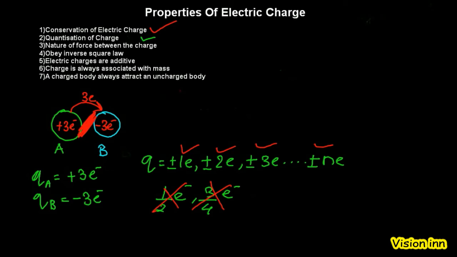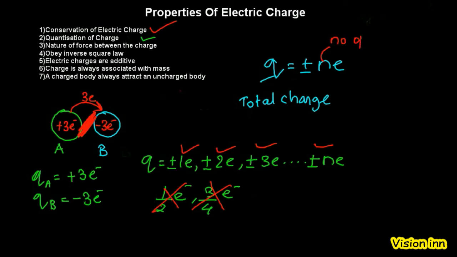So this brings us to the equation q is equal to plus or minus ne, where q is the total charge, n is the number of electrons, and e is the value of one charge of electron.